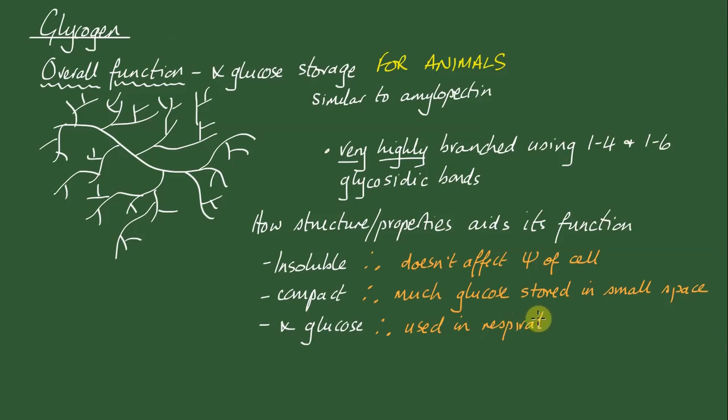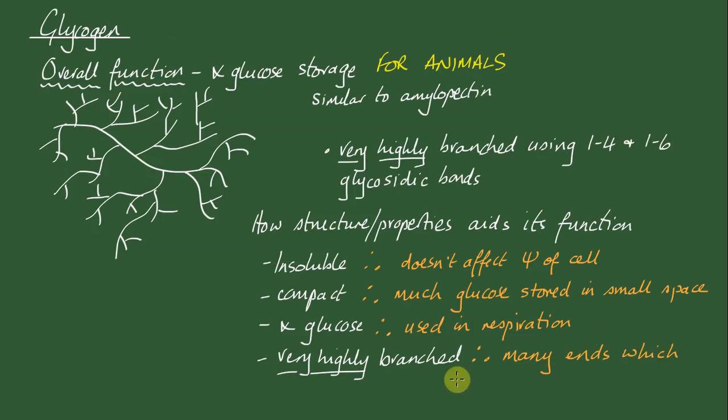But now I'm really going to try and emphasize why glycogen is so important for animals. And it's because it is very highly branched, and therefore there are very many ends which will allow glucose to be hydrolyzed off the molecule to be used in respiration.